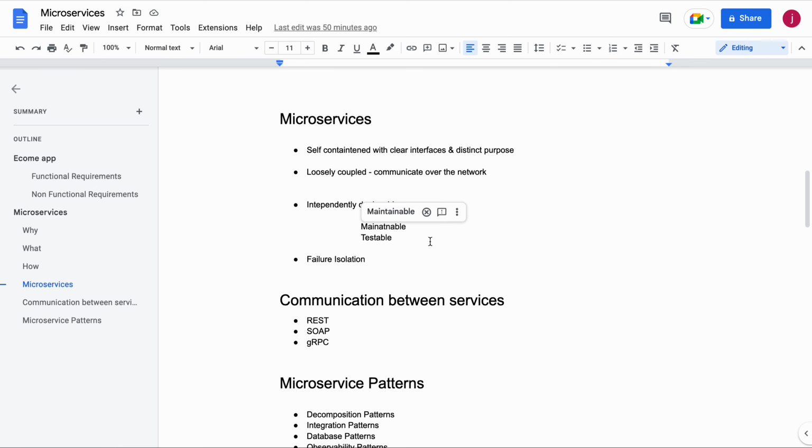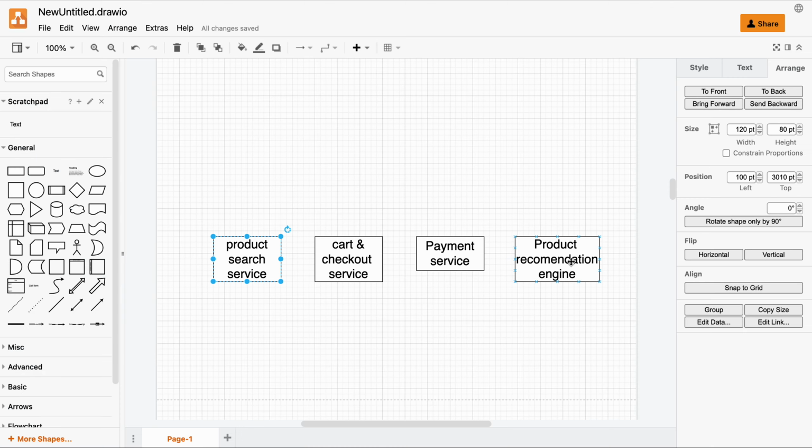Then the maintainability part. As I mentioned previously, if some changes need to be done on one service, just make the changes on that service and do the deployment. It can be independently deployed. That's one advantage. Because we have broken services down into small units, the deployment is also not taking the time that it was taking previously.